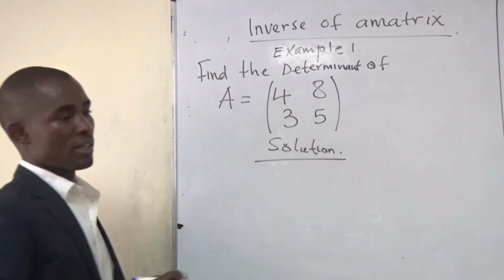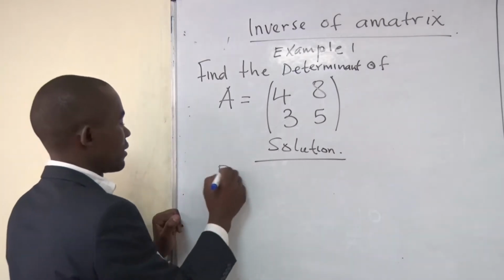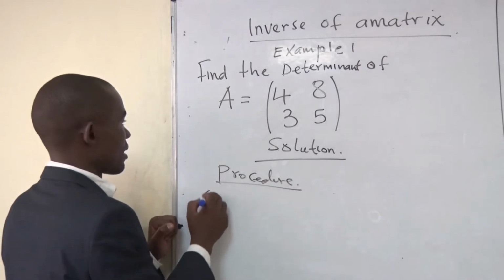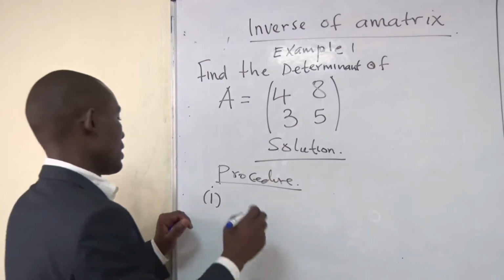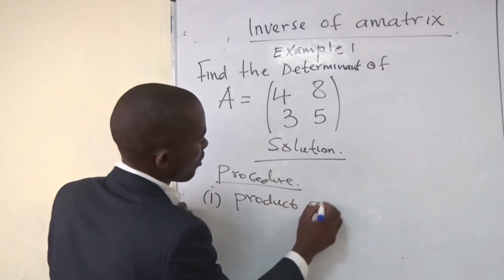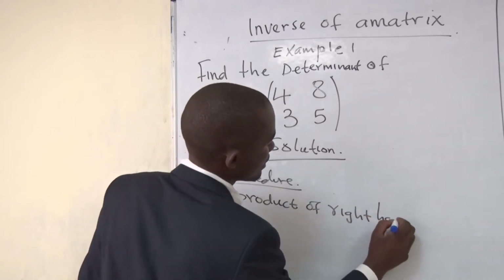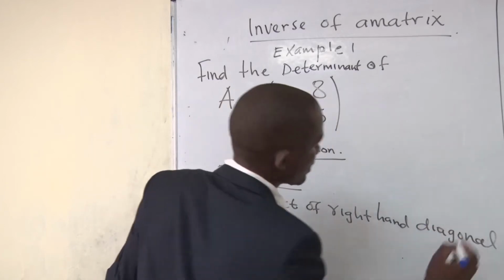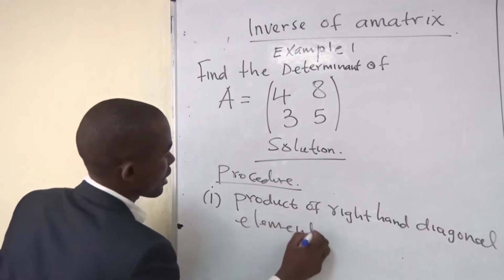So the procedure, the solution. For you to determine the determinant of a matrix, the first procedure, Roman number 1, is to get the product of the right-hand diagonal elements.